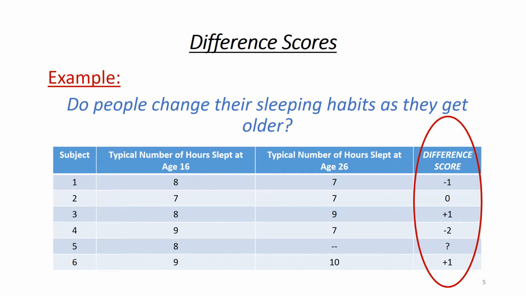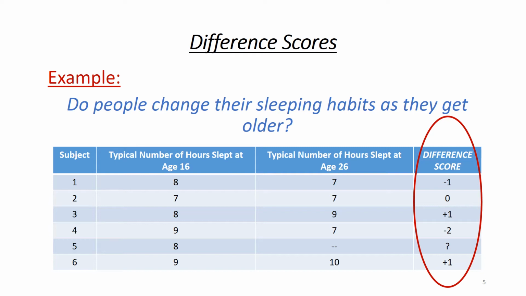You'll notice, though, and this is one of the tough things about longitudinal designs and paired t-tests, look at person number 5. Subject 5, we have a time 1 measurement. At age 16, we know that they slept 8 hours each night. However, they weren't available for follow-up at age 26. It's been 10 years, right?